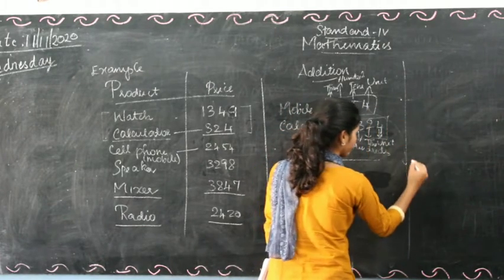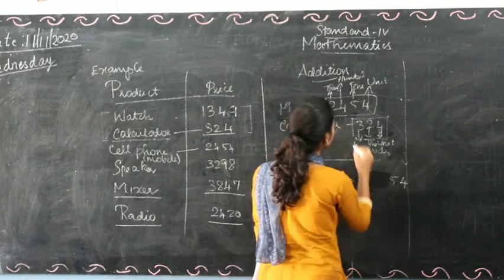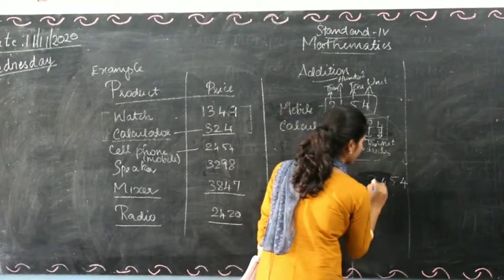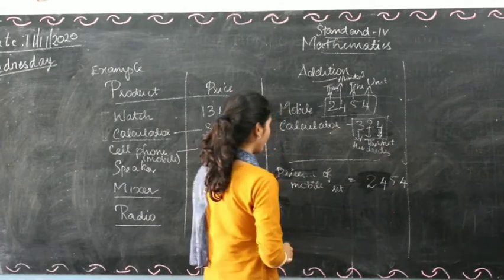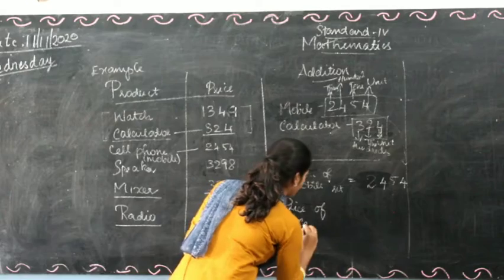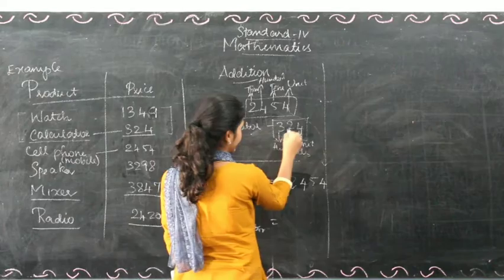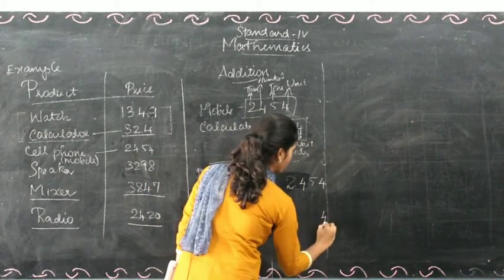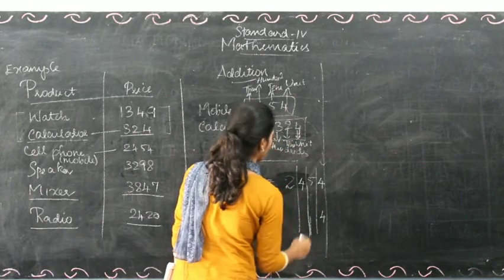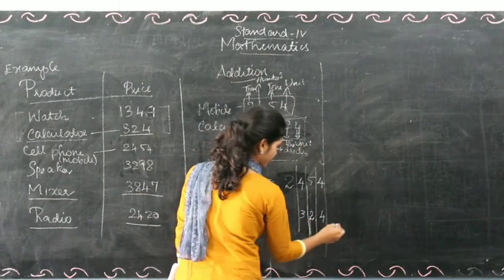First unit is 4, and then tens 5, hundreds 4, and then thousands 2. Now we are going to write the price of calculator, which is 324 rupees. 4 units, 2 tens, and then 3 hundreds.